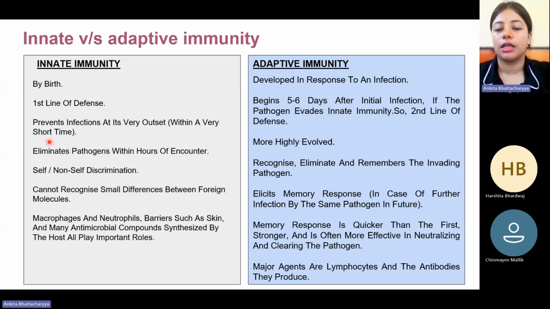Innate immunity, while very useful, is not complete by itself. There has to be the involvement of adaptive immunity in a large number of cases, and it helps in making the innate immune response even more efficient as well. And we also understood the shortcomings of each subtype.